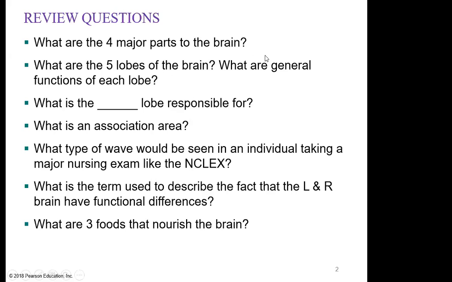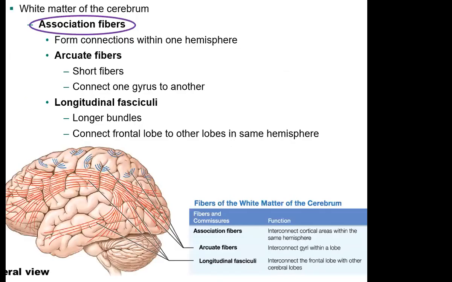So you may have a question that says what is the general function of a lobe, or it could say what is the blank lobe responsible for. So that summation slide that I said, make sure you star that, really look at that. That will be very, very helpful for you as you're going through trying to study, keeping different parts of the brain separate. Okay, so for our white matter, again, what's the difference between white and gray?